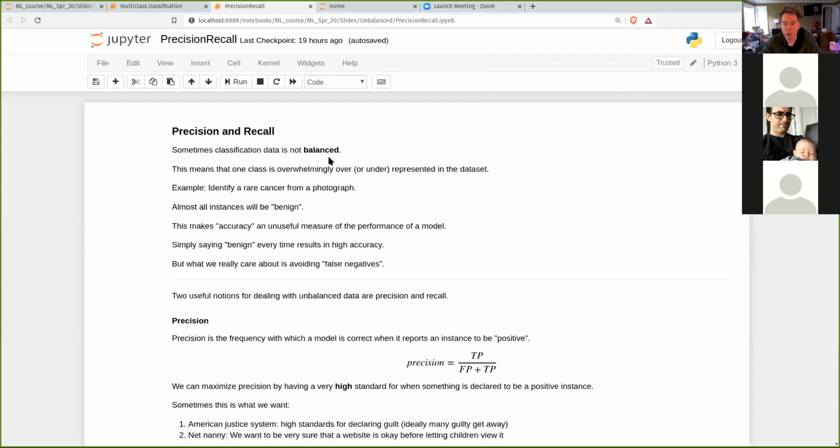Then if you use accuracy as your measure of performance, you can get models with really high accuracy that are just dumb, like in the case of predicting a rare cancer from a photograph. A model that just always says no will have high accuracy just because there aren't many cancers out there in the population, but it isn't doing anything, and it's going to kill people. What you really care about in that case is not accuracy, it is avoiding false negatives.